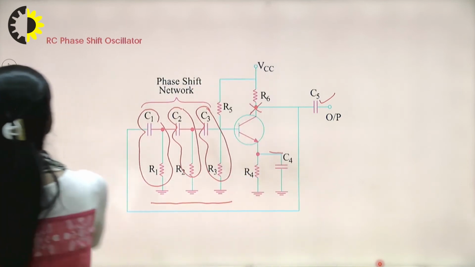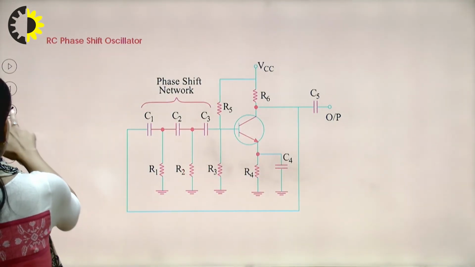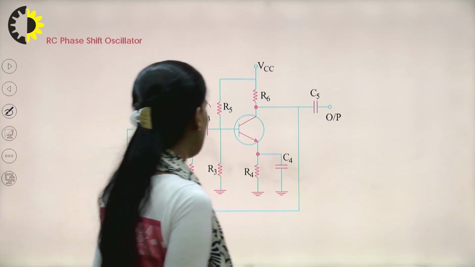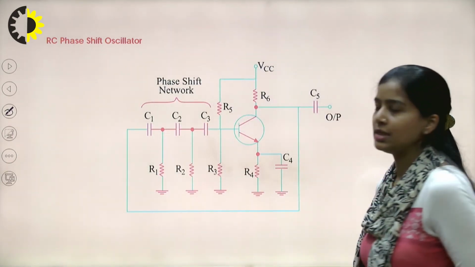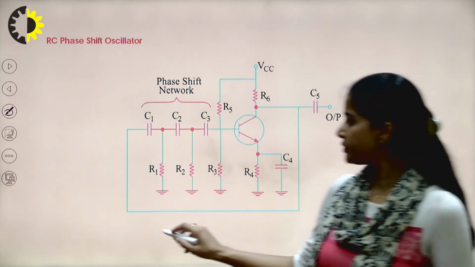So here we can see that there are three combinations of resistance and capacitance. With one combination of R and C, we get a phase shift of 60 degrees.